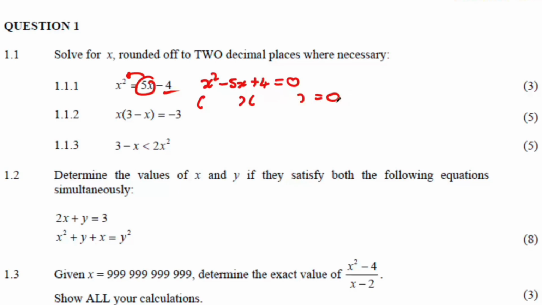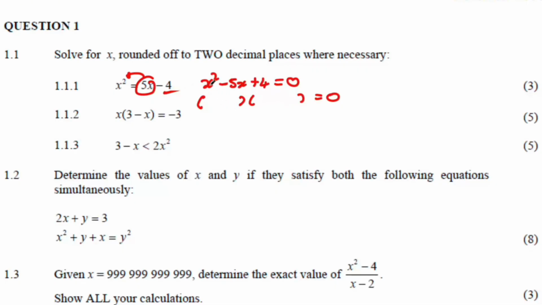Make sure that you take everything from the right hand side or from the left hand side if you're going to be working with the right hand side. So whenever you factorize, the other side is normally mostly 0. It depends, but it should always or in most cases be 0.